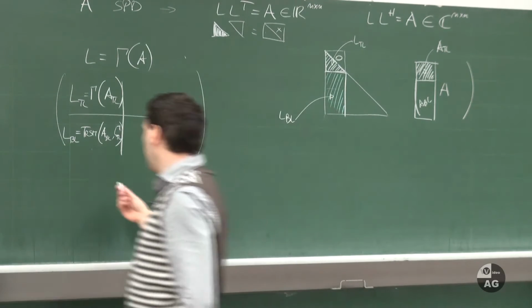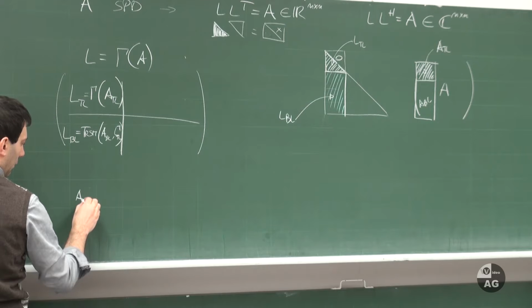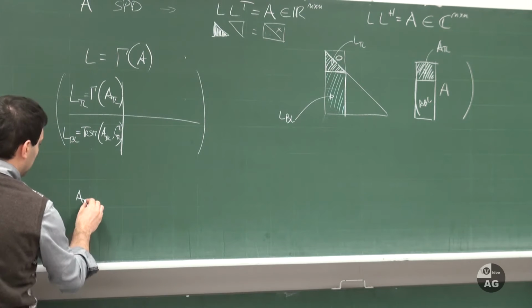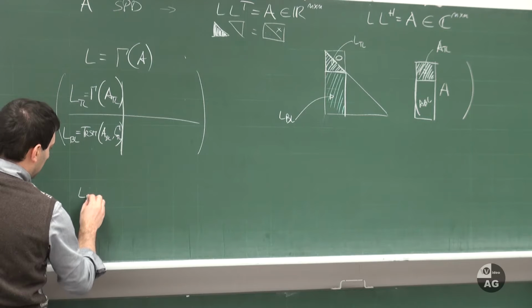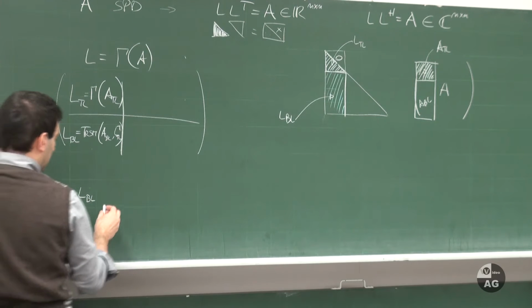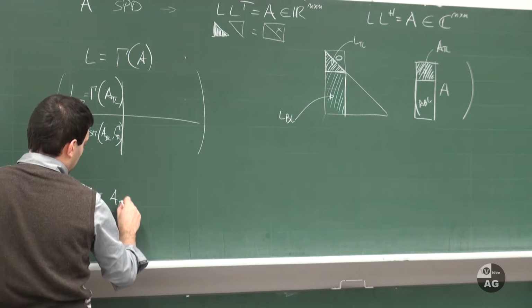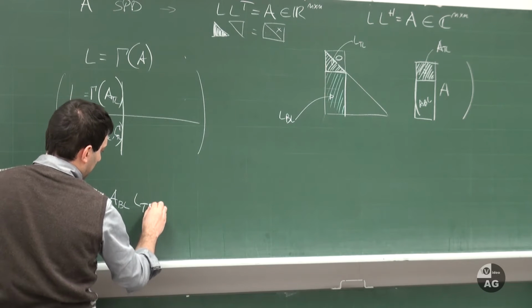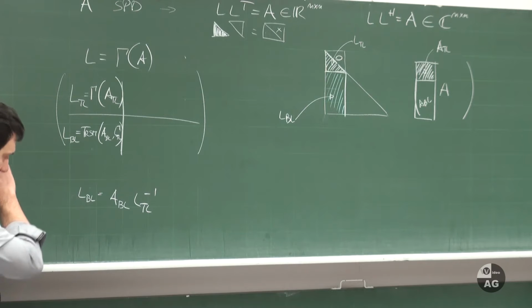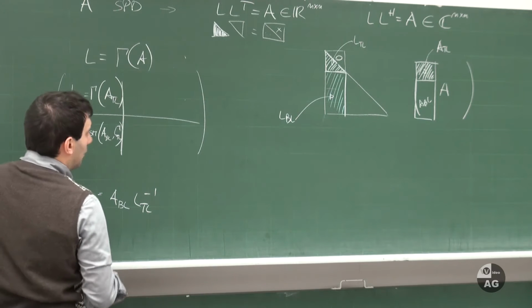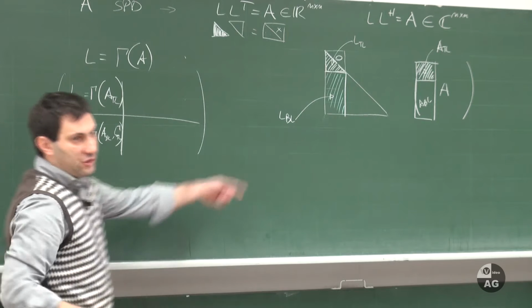I believe this is the shape: L bottom left equals A bottom left, L top left transpose to the minus 1. So that's the triangular system that we have to solve. Regardless, the important thing is that it's a triangular system.